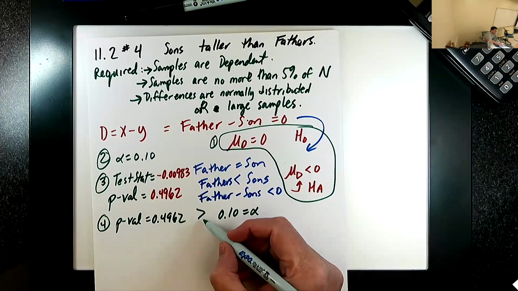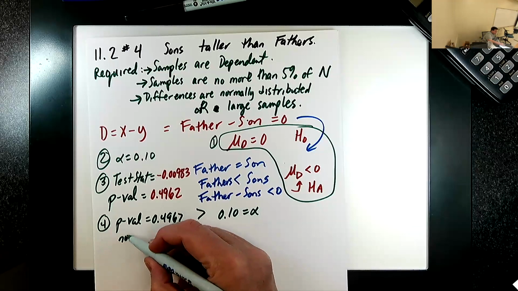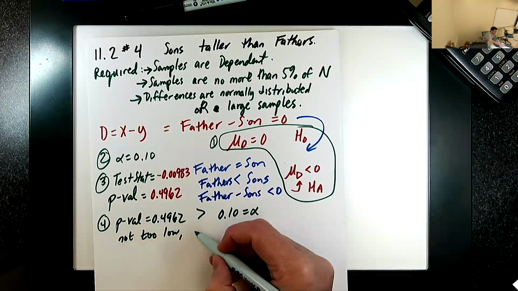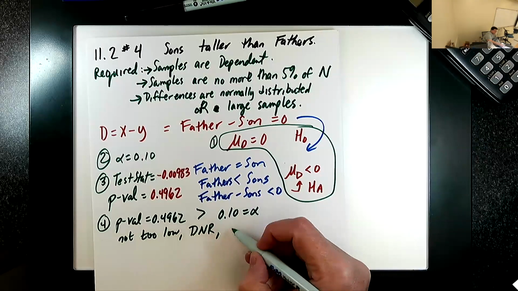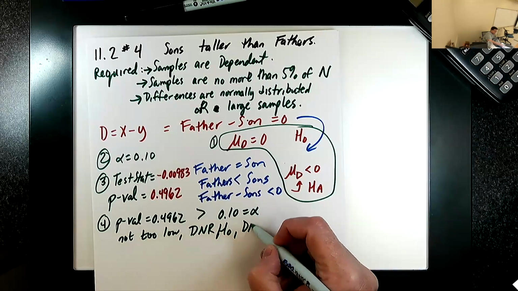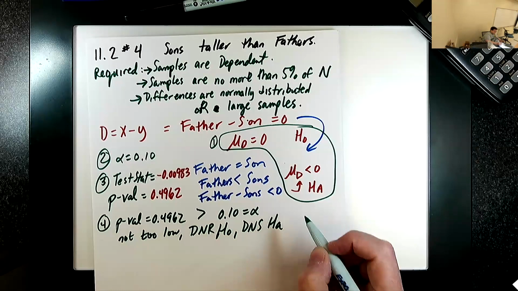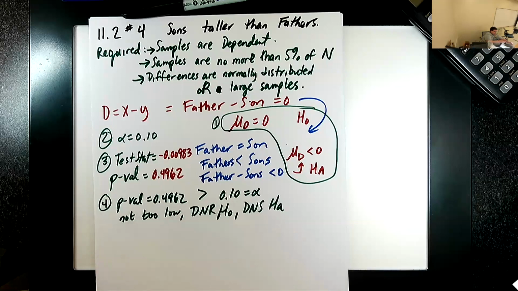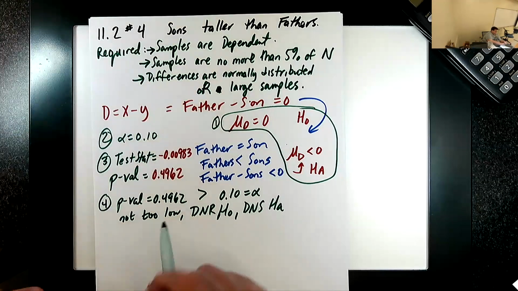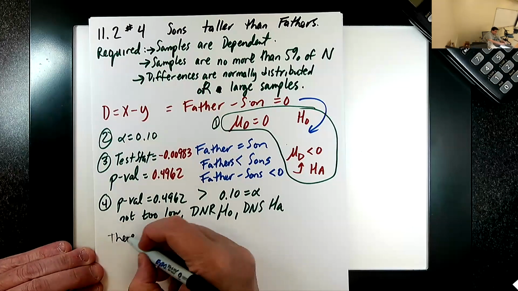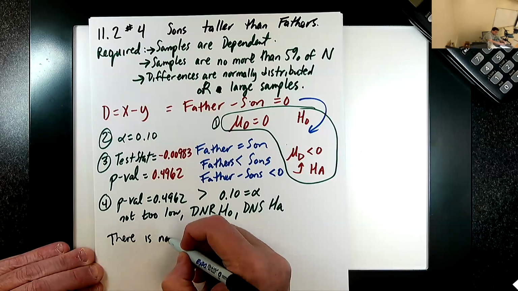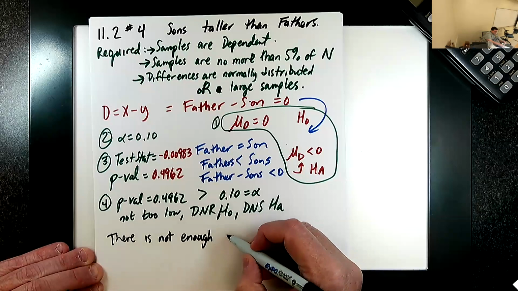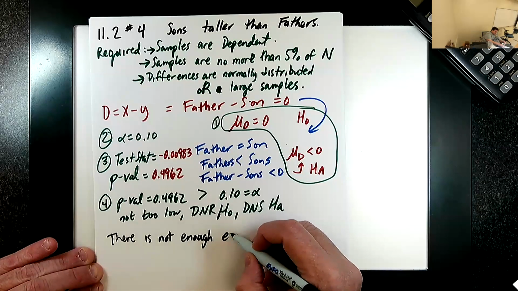All right, it's greater than, so it's not too low. So not goes with all the nots. Do not reject H naught, do not support HA, and there is not enough evidence. Or not sufficient, insufficient.